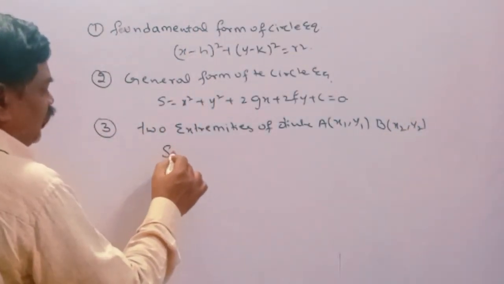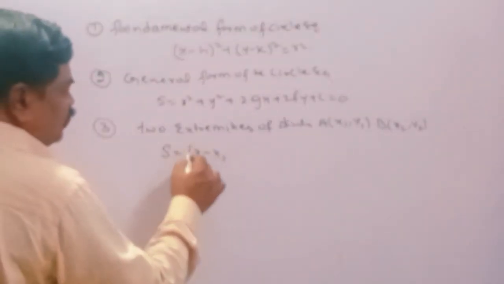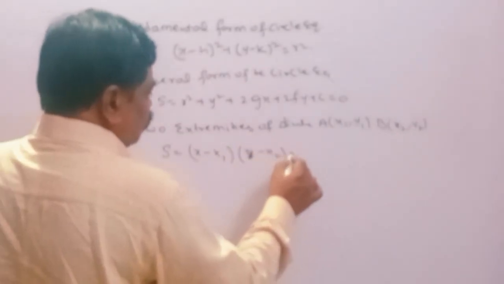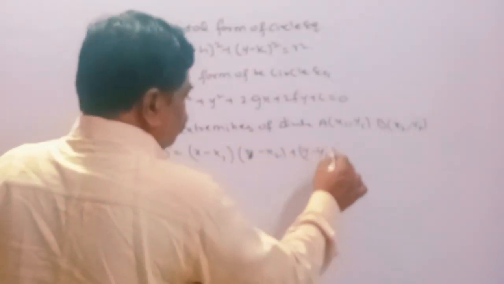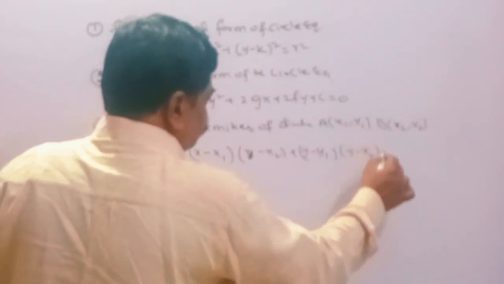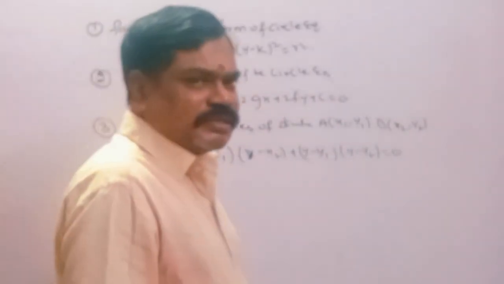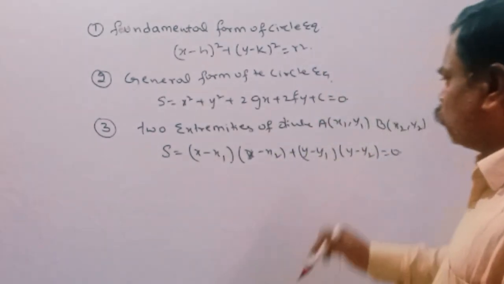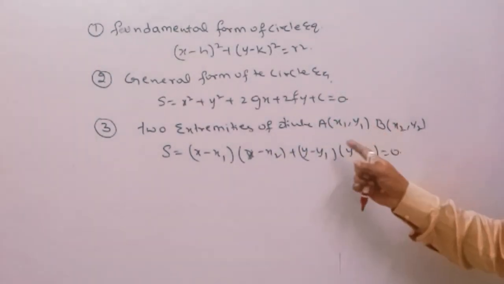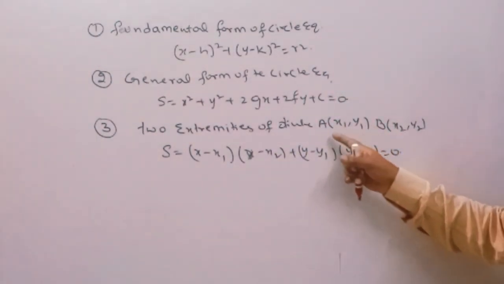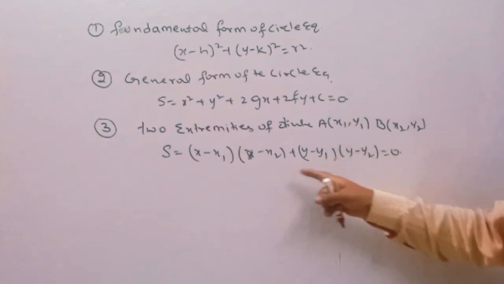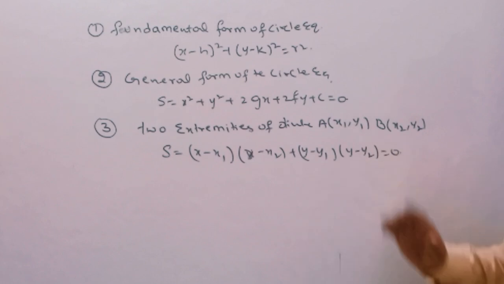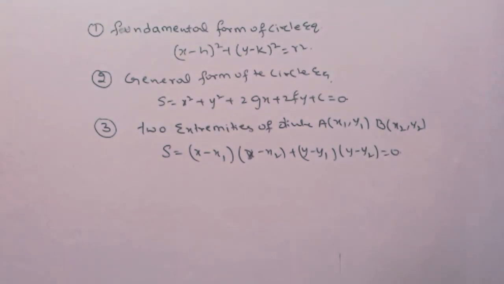Then the circle equation is (x minus x1)(x minus x2) plus (y minus y1)(y minus y2) equal to 0. If two extremities of the diameter of the circle are given, then the circle equation is found like this. We already proved it.